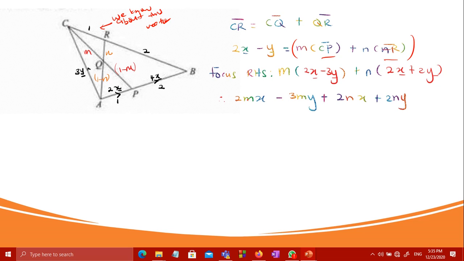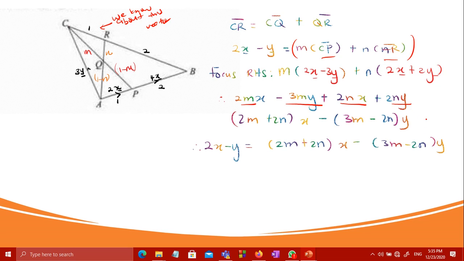Expand the bracket, so I get 2mx minus 3my plus 2nx plus 2ny. And then rearrange, make sure x is married with the x, y married with the y, okay? x must be coupled with the x, y with y.